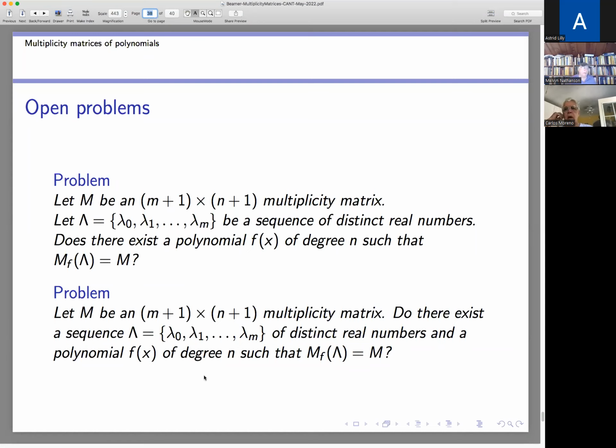And the second problem is, if you're given the multiplicity matrix, can you construct a sequence of m+1 real numbers and a polynomial of degree m, such that this is the multiplicity matrix of this polynomial evaluated at these numbers?